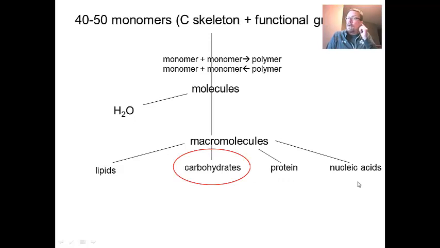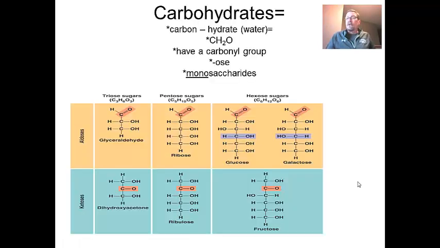Let's start with the carbohydrates. These are your sugars. Now, all the macromolecules have multiple functions, but they all generally have one main function. And for carbohydrates, it's energy. These are the sugars. They all end in an ose. You can see here ribose, glucose, galactose, fructose, sucrose.